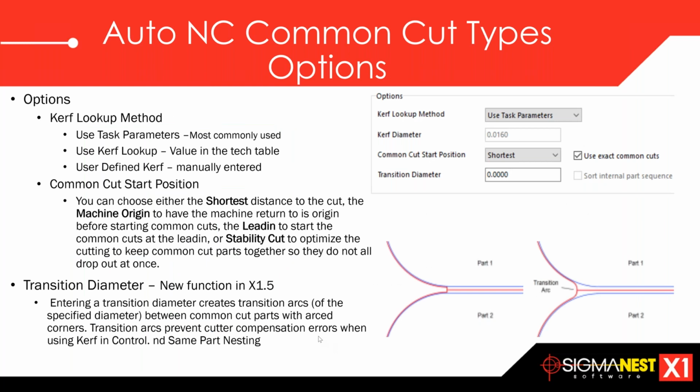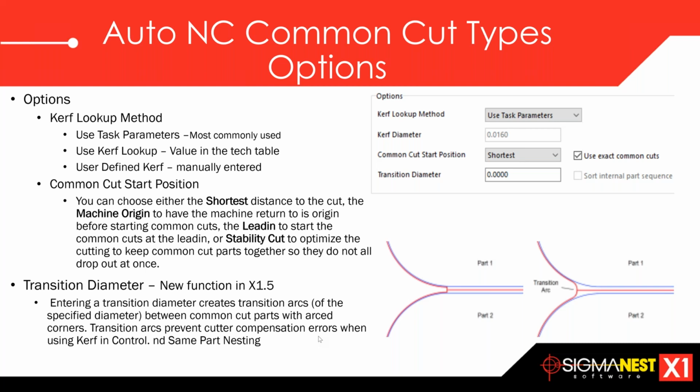All right. Now, the next section of the options is just how we control the kerf. Most people will set the kerf setting within the task parameters, so the use task parameter settings is the most commonly used.